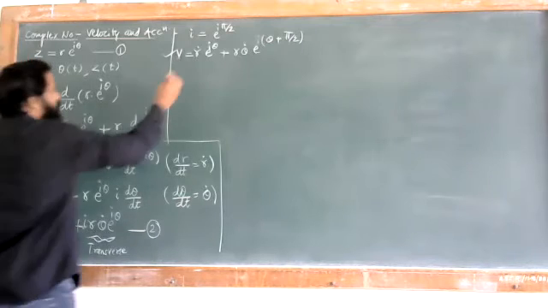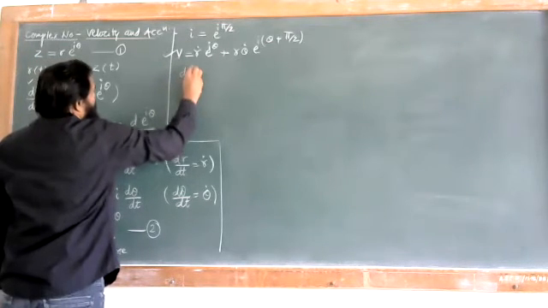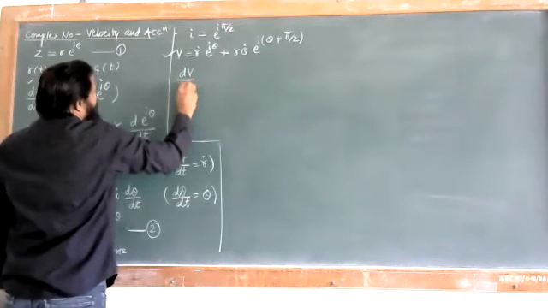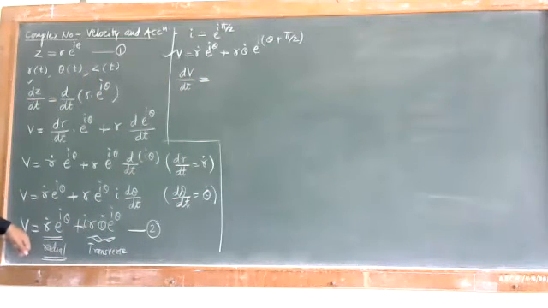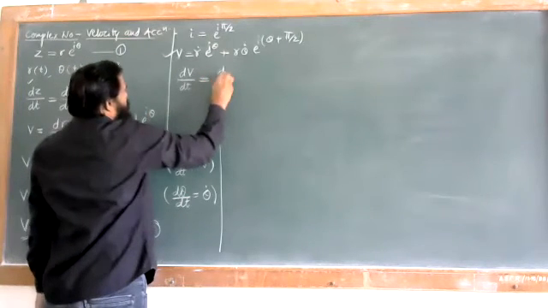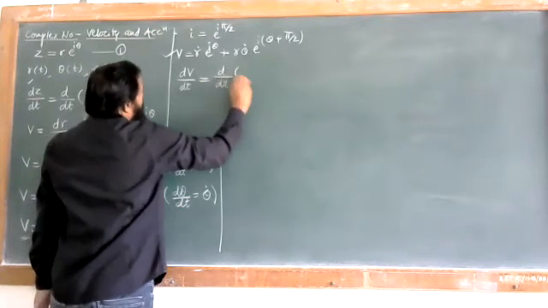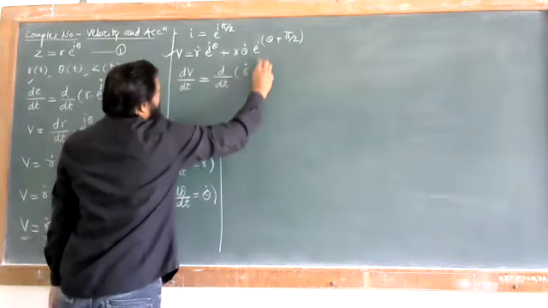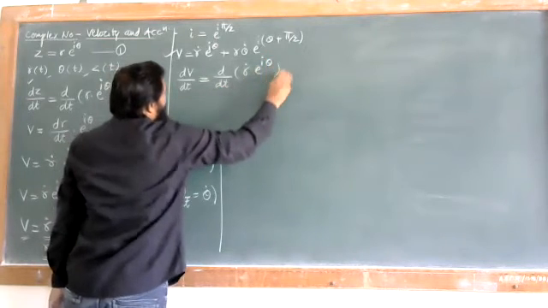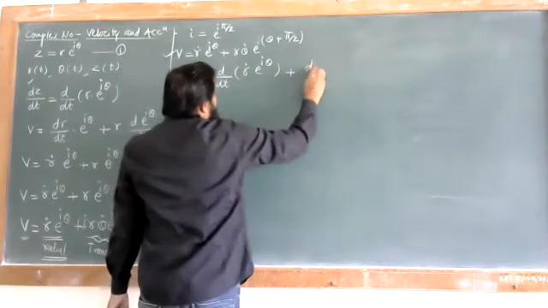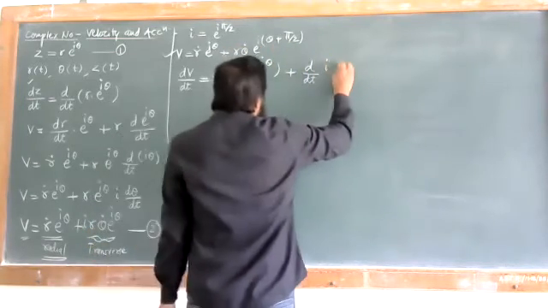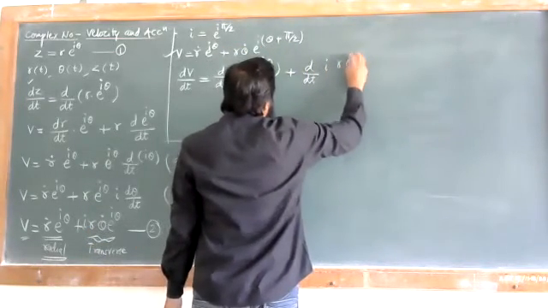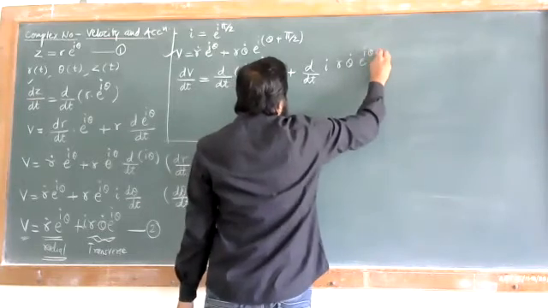So that can be given as dv by dt, the rate of change of your velocity with respect to time, which gives us the acceleration. So dv by dt is equal to the derivative of the two terms: d by dt of r dot e raised to I theta, plus the derivative of I times r into theta dot into e raised to I theta.